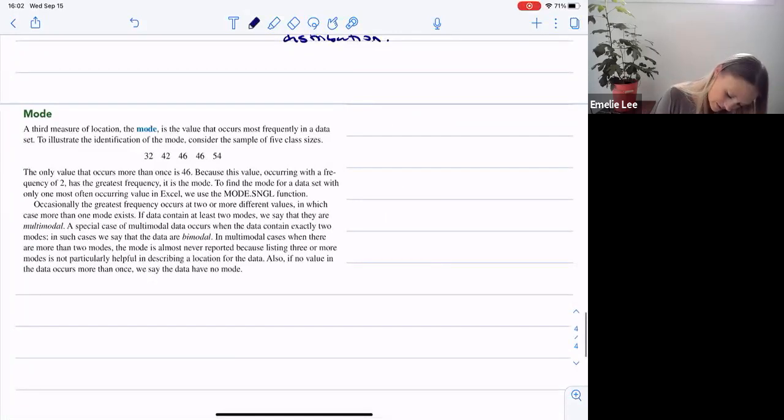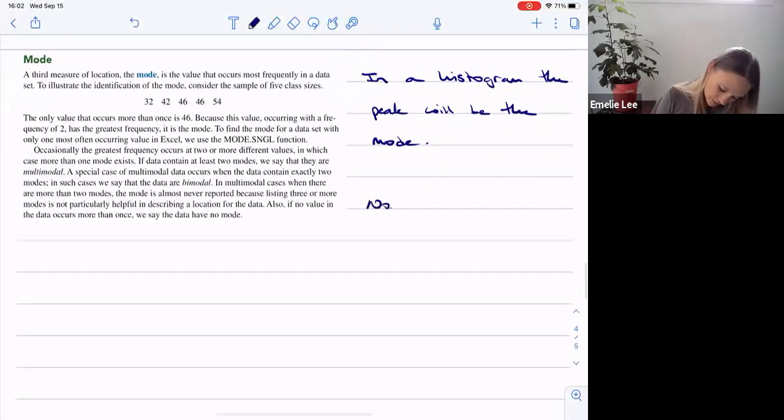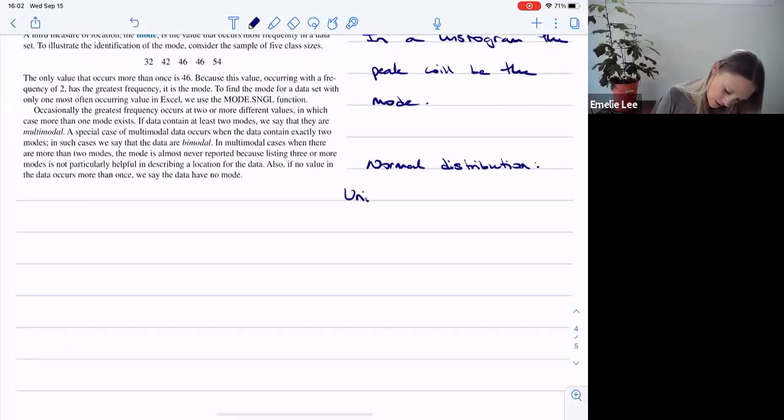So in a histogram, the peak will be the mode, right? And so now we can develop the normal distribution is unimodal.